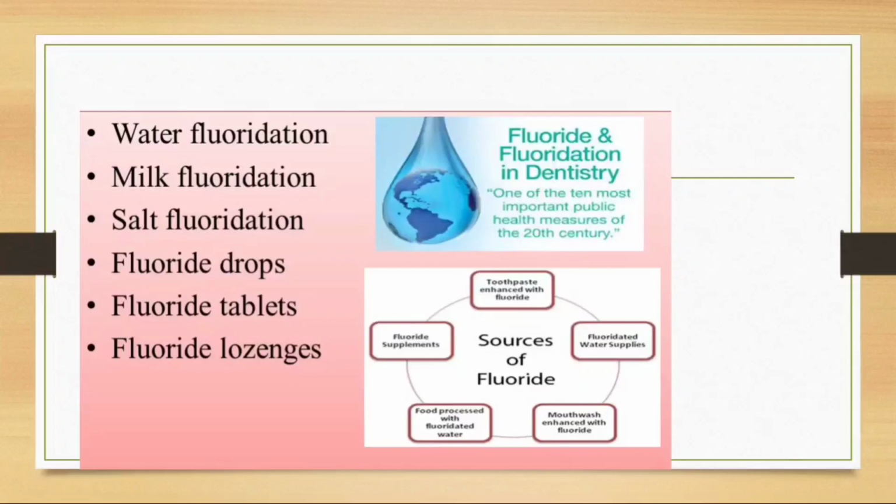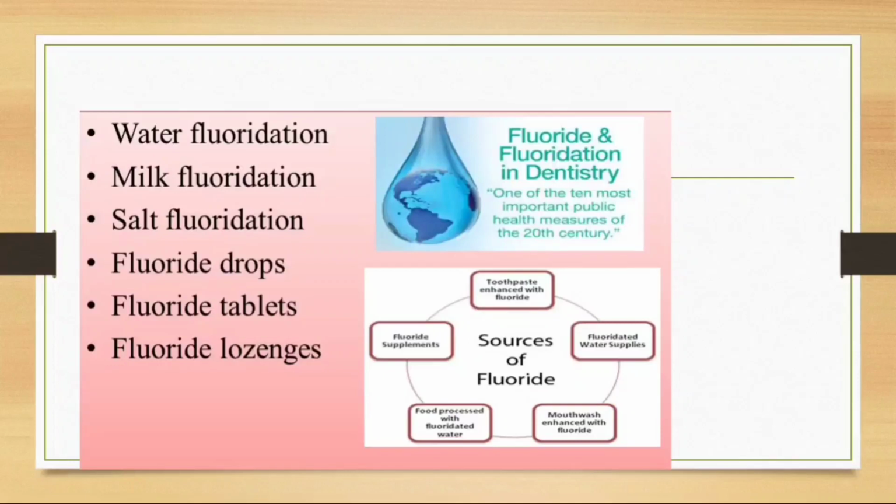Whereas school water fluoridation, milk fluoridation, and salt fluoridation all need more ppm, that is 4 to 5 ppm compared to community water fluoridation, because the students consume less water from schools, or the children consume less milk and salt.